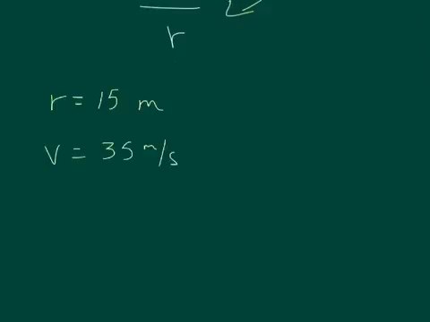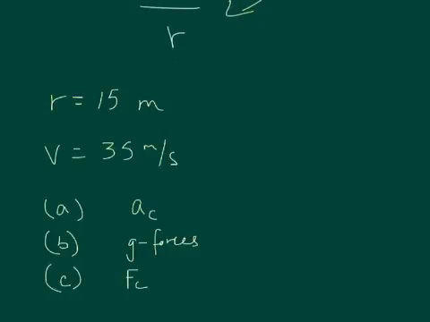Let's find three things. Let's find the centripetal acceleration. Let's find the amount of G forces acting on an object. And let's find the centripetal force. Okay, with these values here.